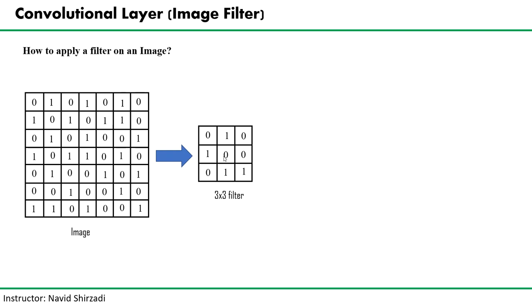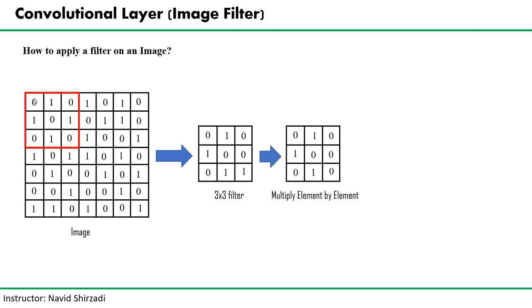How can we apply this filter? We start from the top left side of this image, this part, and multiply each of the values of this filter, 0, 1, 0, and so on, element by element with this part of our image. For example, 0 multiplied by 0 will be 0, 1 multiplied by 1 will be 1, 0 by 0 will be 0, and so on. 1 by 1 will be 1.